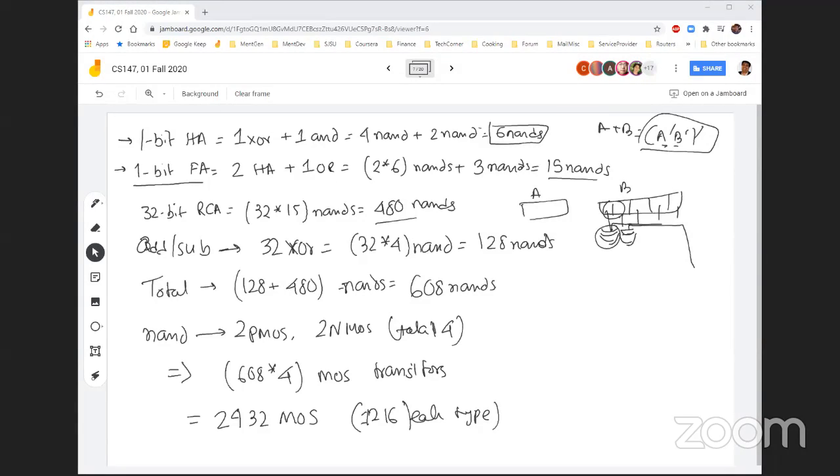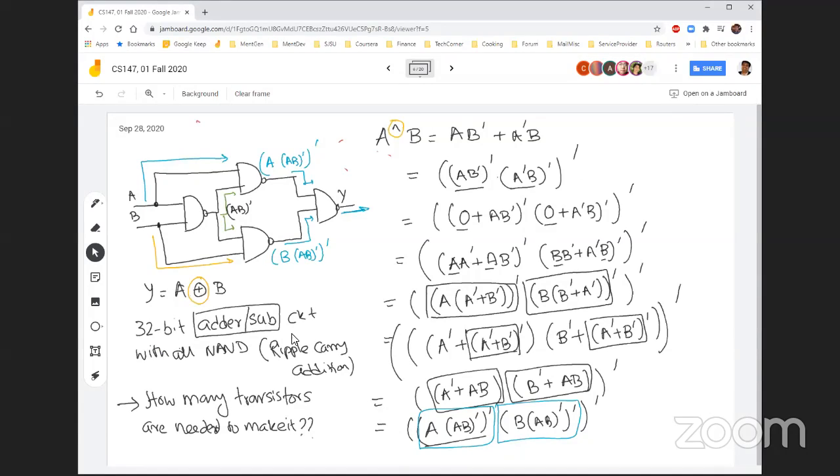Either answer, with or without the overflow circuit, would be okay. But yes, try to stick to the spec. The specification said it's an adder-subtractor. It doesn't say anything about your overflow circuit. If such confusion arises during the exam, just ask me.